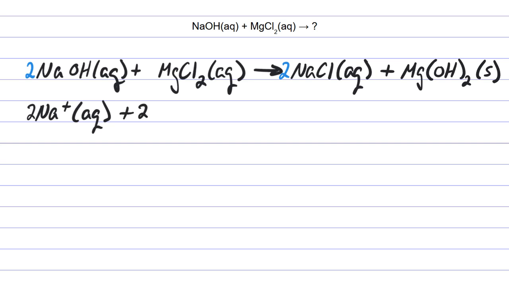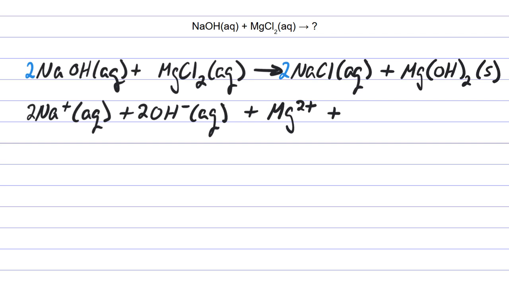There are also 2 hydroxide ions that are also in the aqueous phase. Our magnesium chloride is also split apart into ions. Mg2+, we have 1 of those. And because the subscript on the chloride is 2, we are going to get, oops, I forgot my phase.